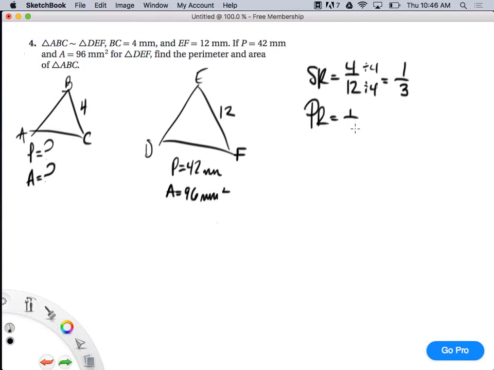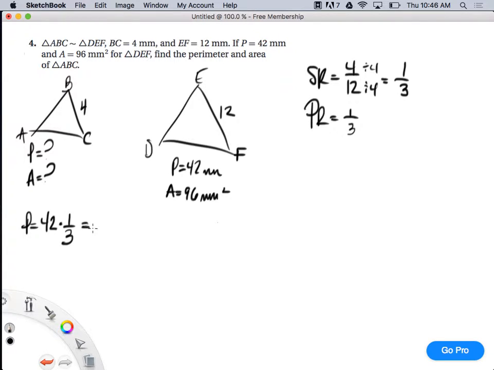Okay. Wait, so you don't have to times 1/3 by 42? No, that's to find the perimeter. The perimeter ratio is 1/3. Okay. Now to find the perimeter, I do 42 times the perimeter ratio, which is 1/3.